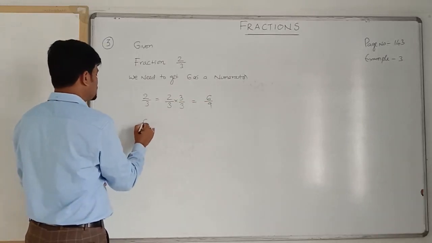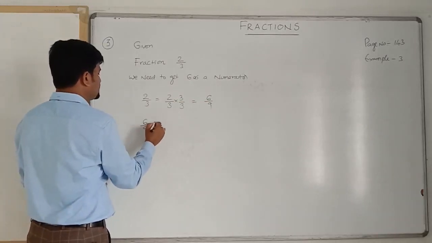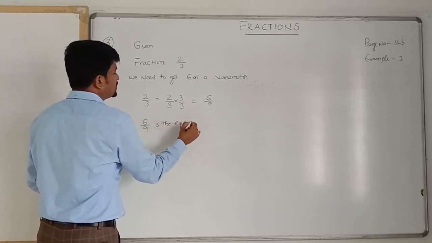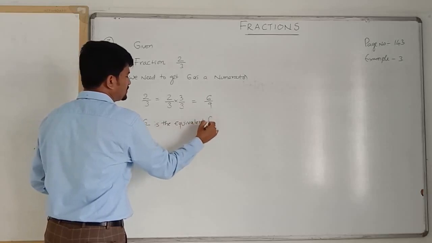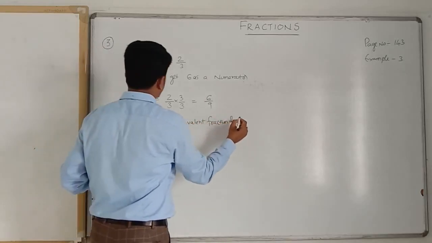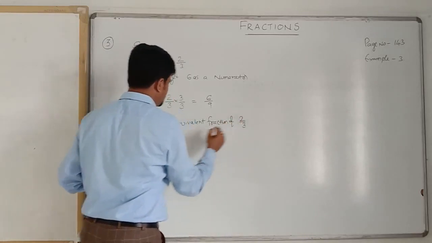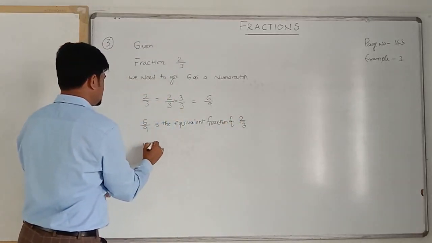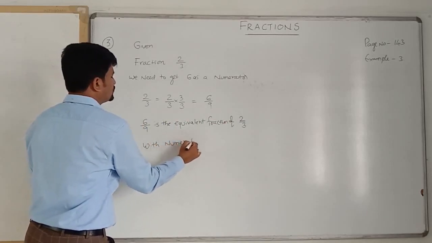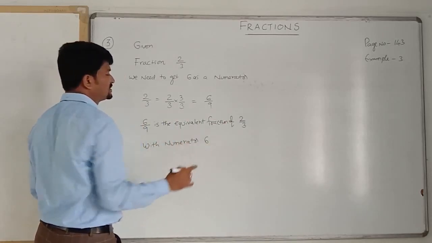Therefore, 6 by 9 is the equivalent fraction of 2 by 3 with the numerator 6.